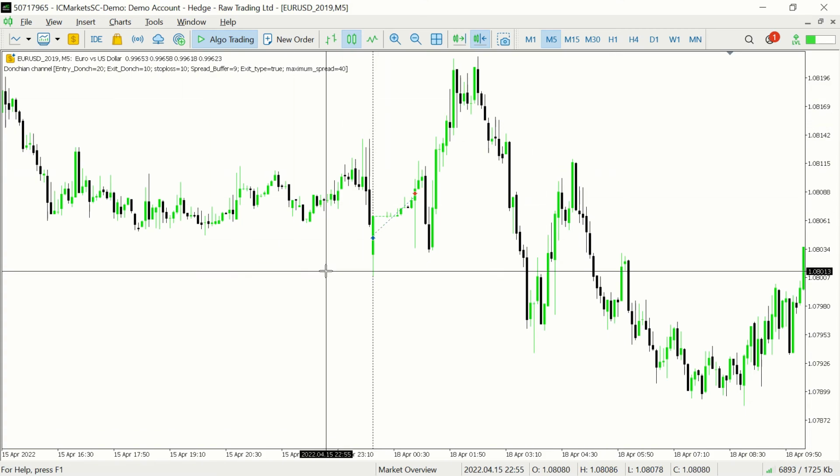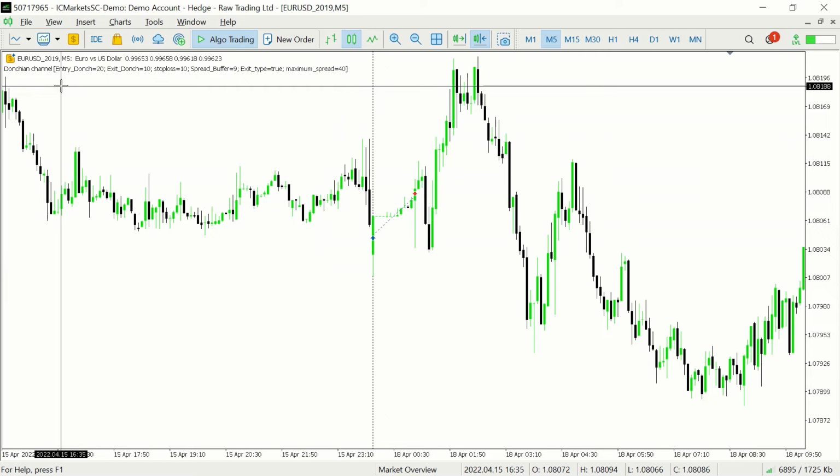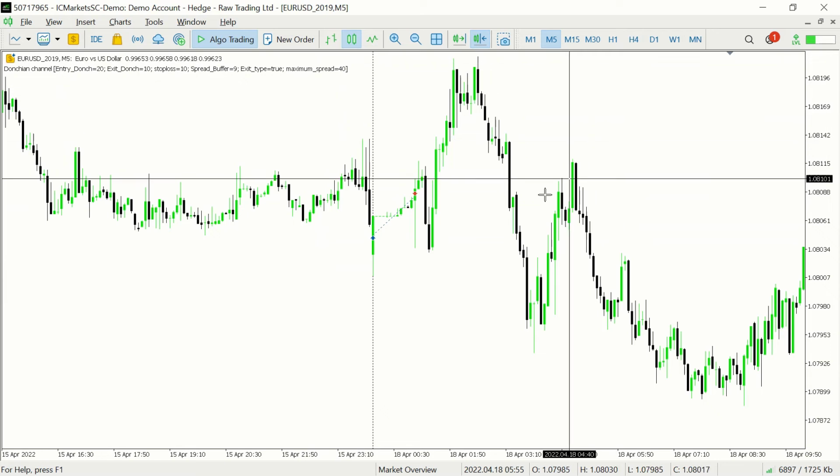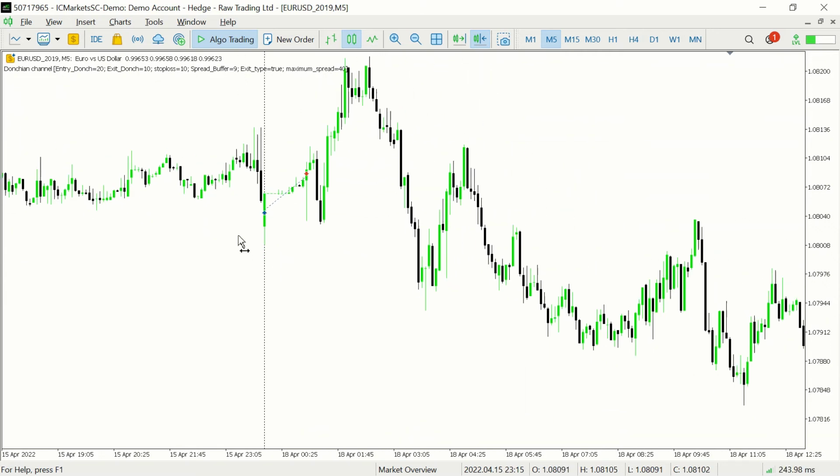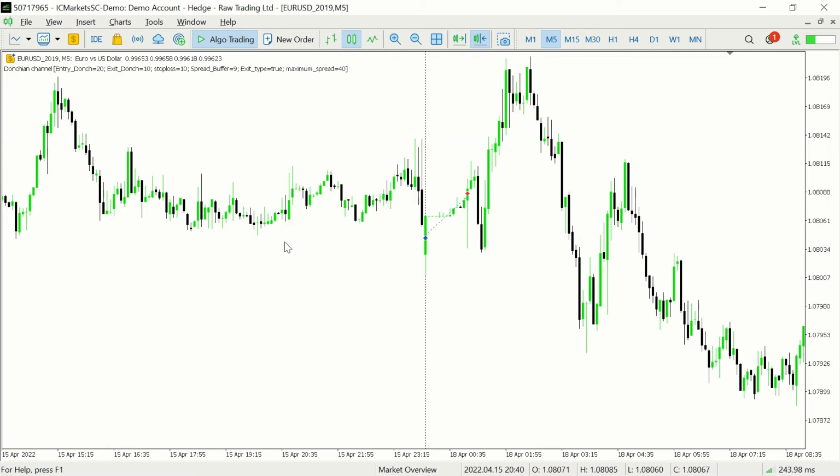So here we are. We are on the Euro USD 5-minute time frame, and we'll be taking trades in the Asian session. So I'll just go over a couple of trades so that you can see the rules that we're using. So the first thing is that we can only take buy trades with this strategy. There aren't going to be any sell trades.